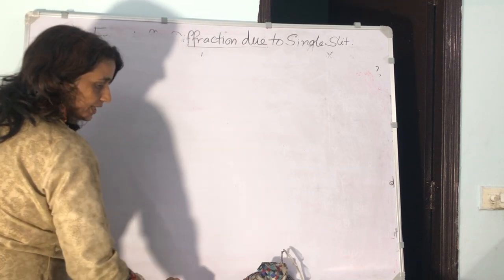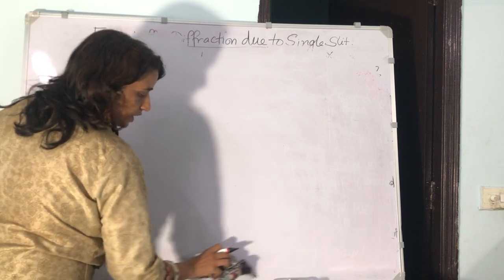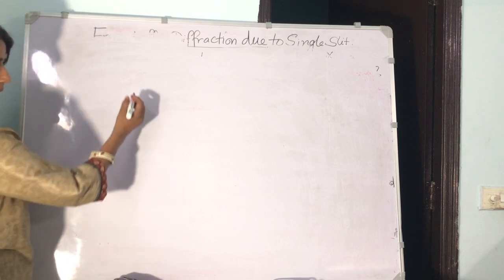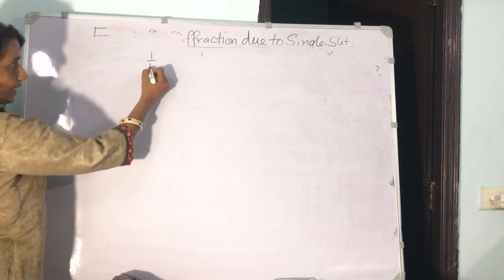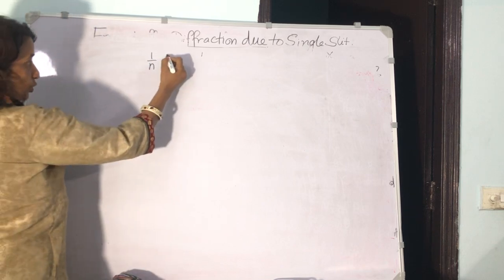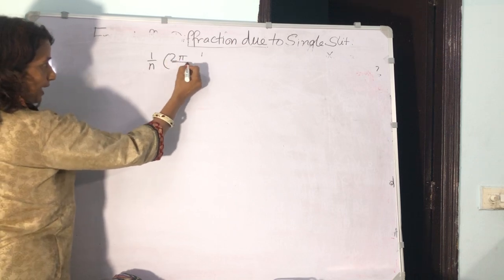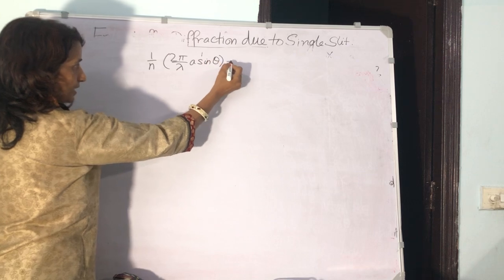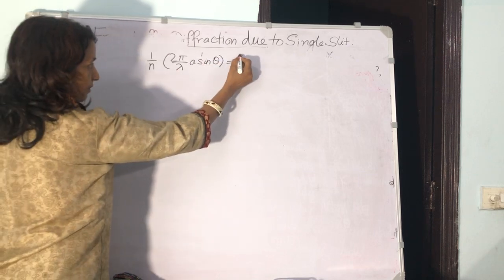So the phase difference between the waves from any two successive parts of the slit AB will be 1 upon n into 2 pi by lambda a sine theta, which is equal to del.